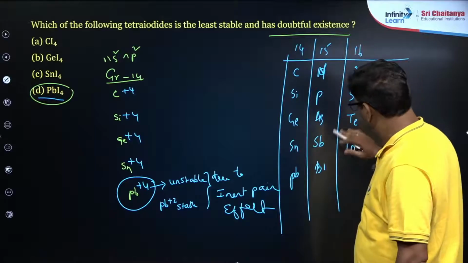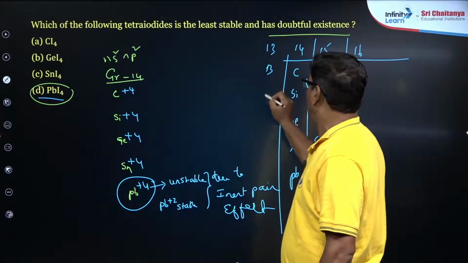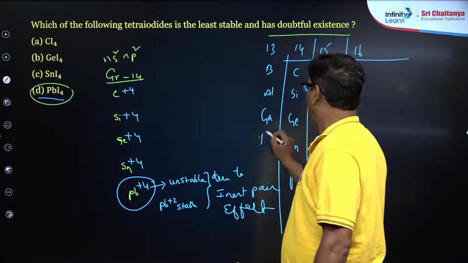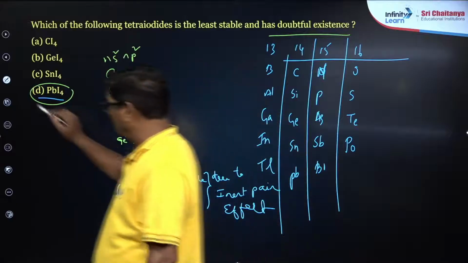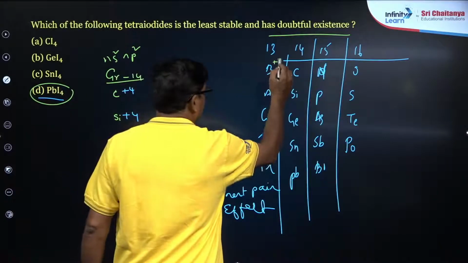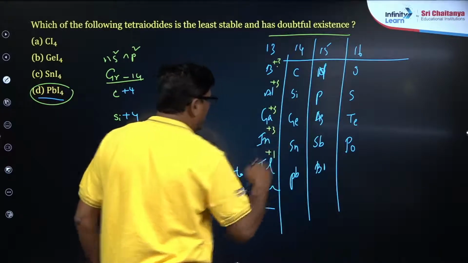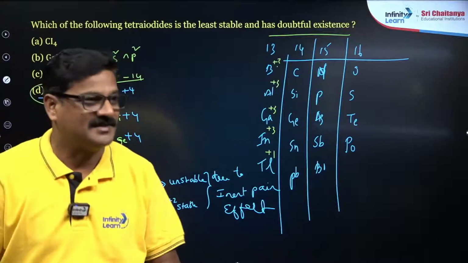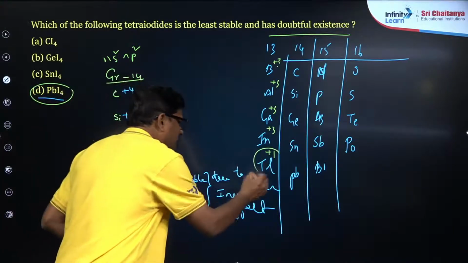And group 13, you have boron, aluminum, gallium, indium and thallium. Everybody in group 13 is showing +3 oxidation state, but thallium exhibits +1 oxidation state. Why so? Because of the inert pair effect.